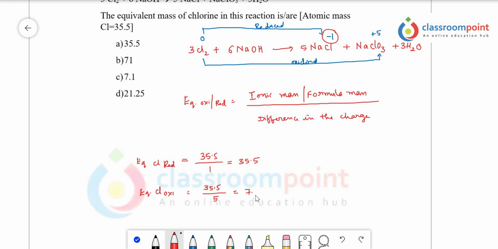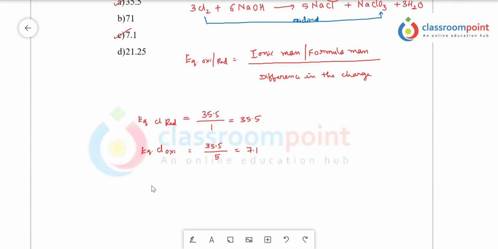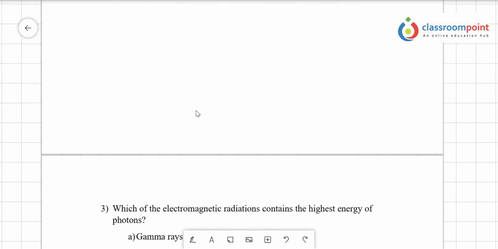Then you will get the 7.1. And don't take the average of this because this reaction is different from this reaction. So here two answers are correct, that is 35.5 and 7.1. If you take the mean of these two, you will get this answer, which is wrong. This type of mistakes usually we do in the competitive examinations.